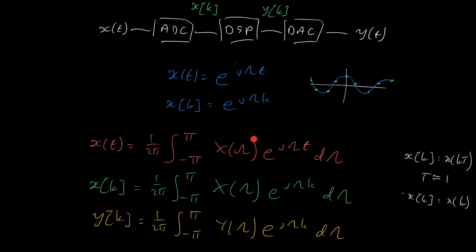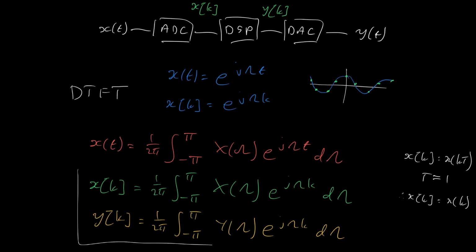Well, this derivation shows that we can understand exactly what the system is doing, how this DSP block converts the frequency components of x into the frequency components of y. This then reduces our two fundamental questions to questions simply about how this DSP block changes the frequency components of x of k into frequency components of y of k. This leads immediately to the introduction of the discrete-time Fourier transform.